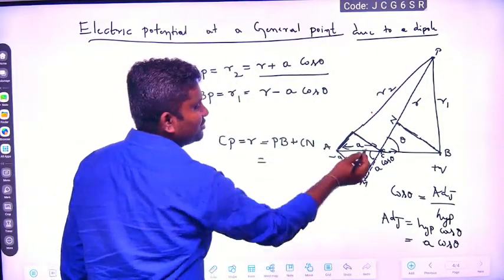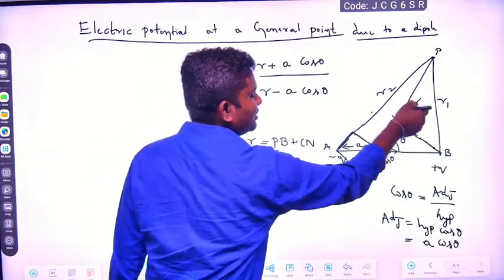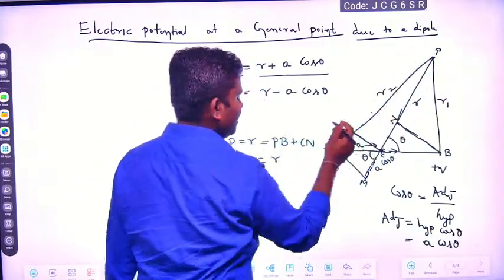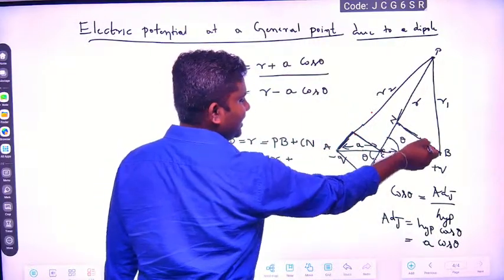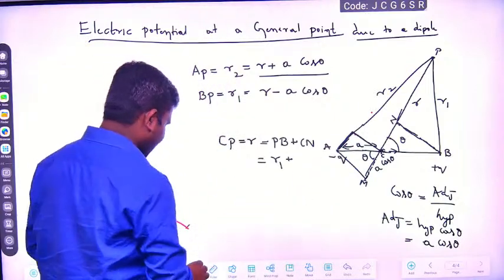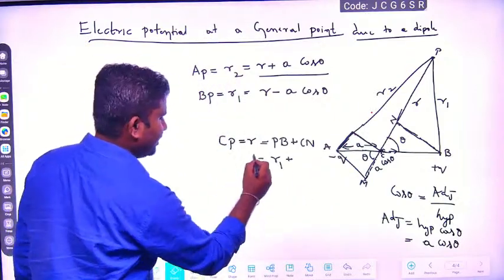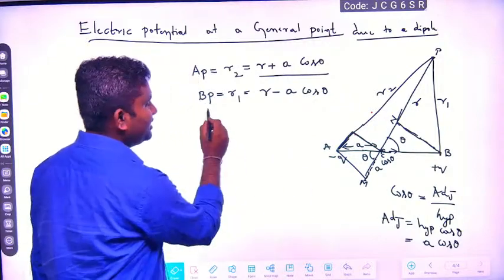That's why PB is how much? R1. Correct? PB is always equal to NP also. So R1 plus CN is how much? A cos theta. Correct? In another way also you can write. Don't get confused.